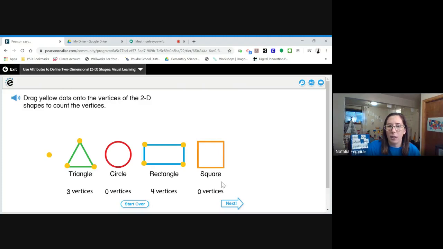How many vertices does my square have? You tell me. I hope you said 4, because yes, the square has 4: 1, 2, 3, and 4.